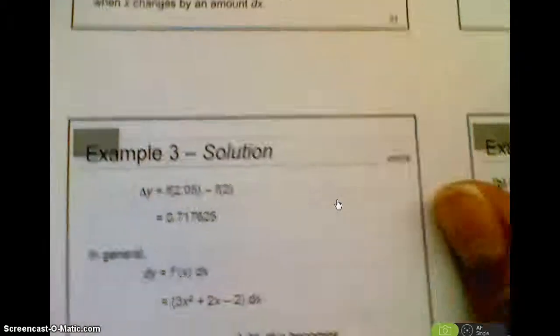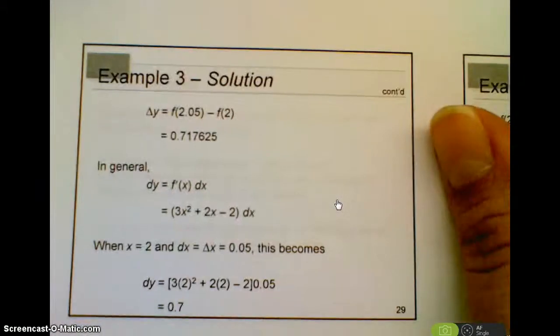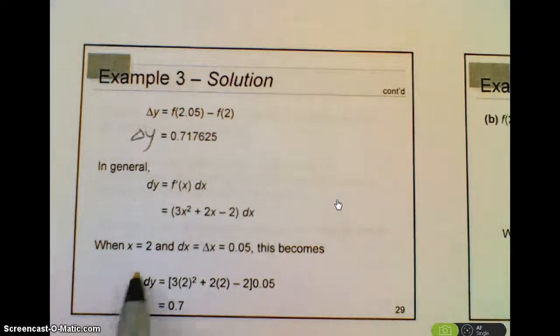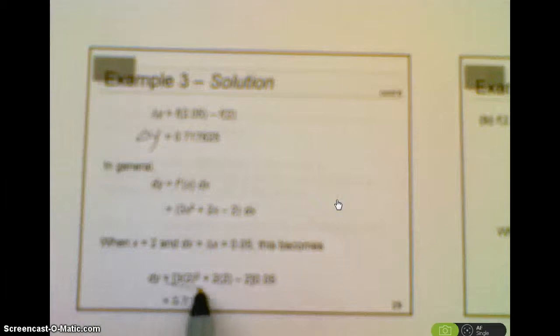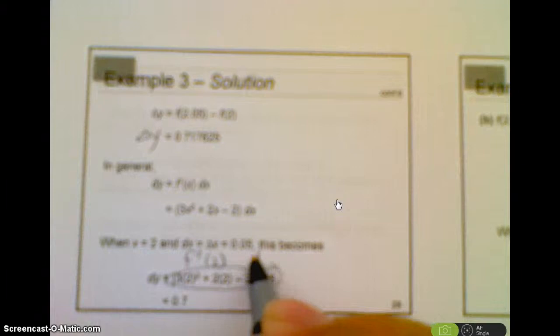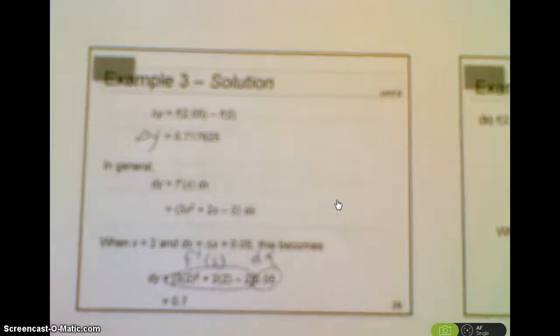So as you can see here, that's already done for you, and the change in y, or delta y, is this, and the dy is this, which would be the f prime of 2, and this would be the dx that was given in the problem. You have your papers, so you can see that.